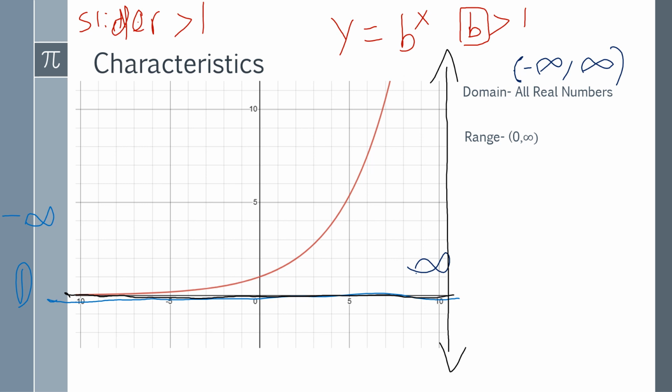But if we scroll up, the graph keeps going, so it's positive infinity. And because you're dealing with a range like that, it is going to be with the parentheses.